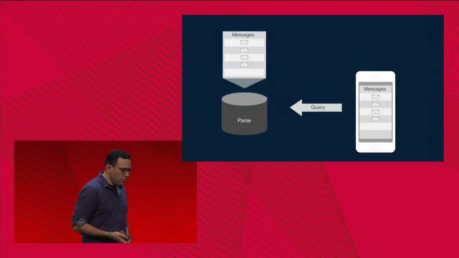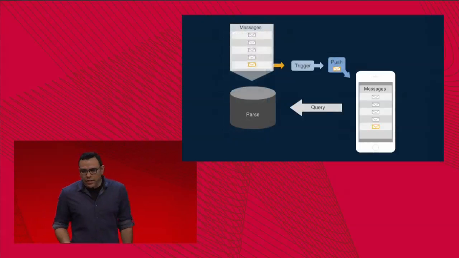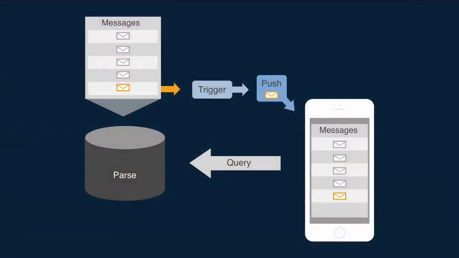Now, since we're using Parse objects to store this data, we can take advantage of Cloud Code. Cloud Code lets us define triggers that run before an object is saved or after. In our example, we can use before save triggers to ensure that the messages that are created are valid, which might mean they have a recipient.